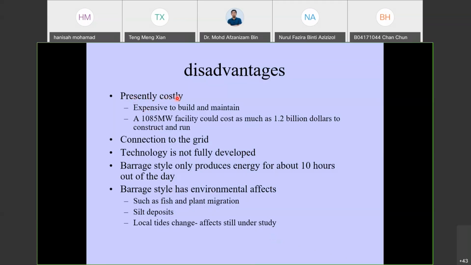Presently costly. Of course, if you want to do this kind of approach, you need to invest. It depends. If you go for the barrage condition, you need to have all the depth and everything.